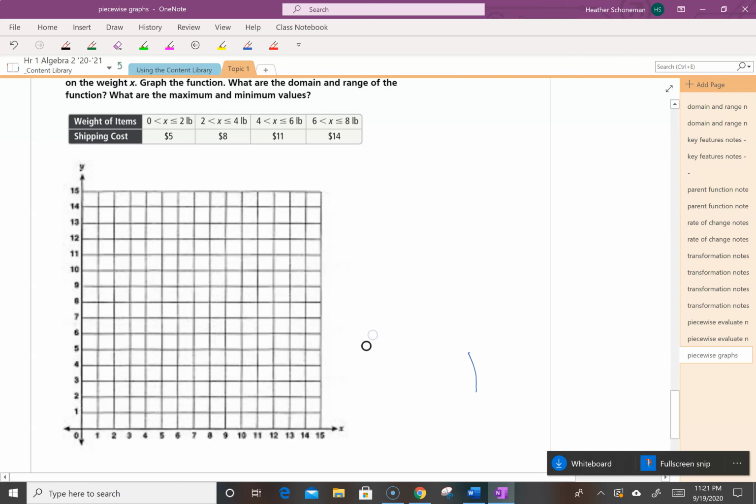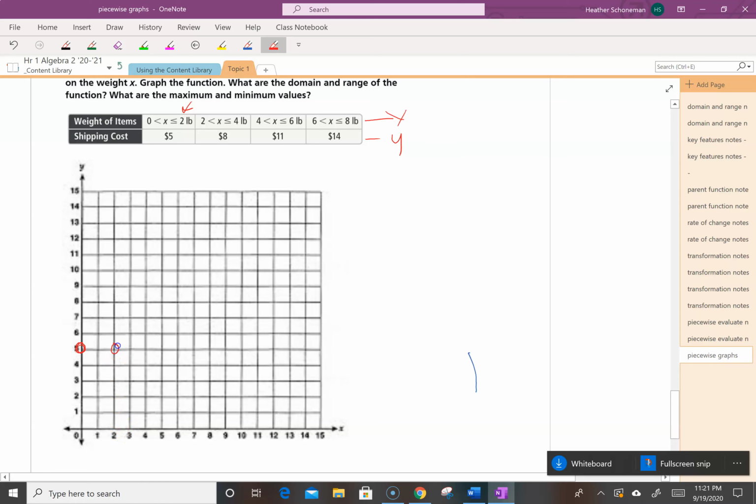So starting at 0, and what do you think we need at 0? Open circle or closed circle? Probably open. Okay, and then going to 2, it costs $5. Well, this is my x, and this is my y. So at 0 pounds, it costs $5.